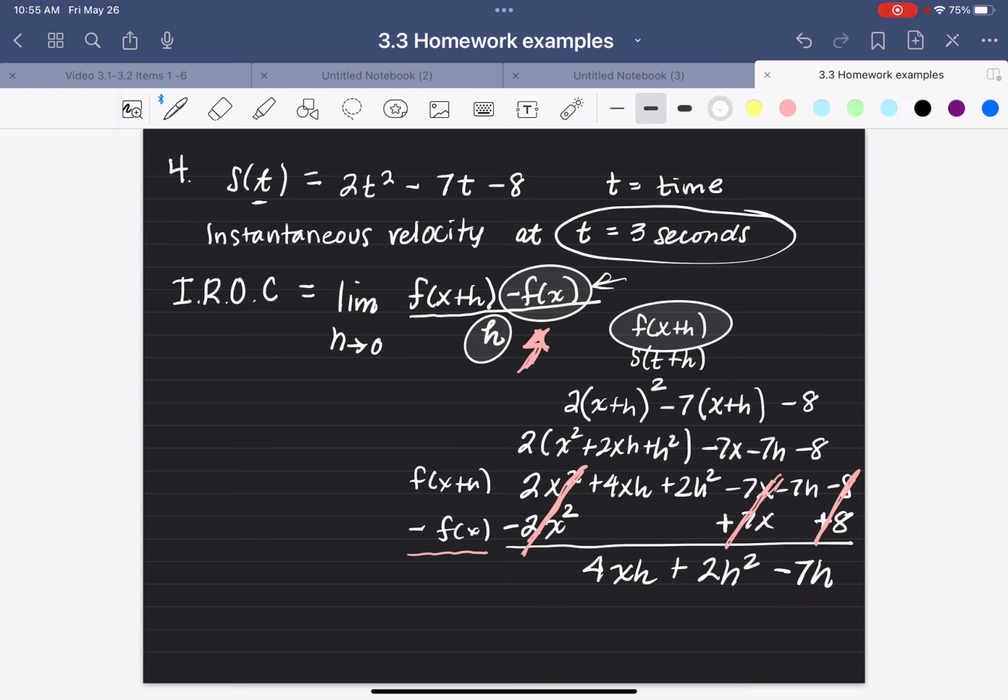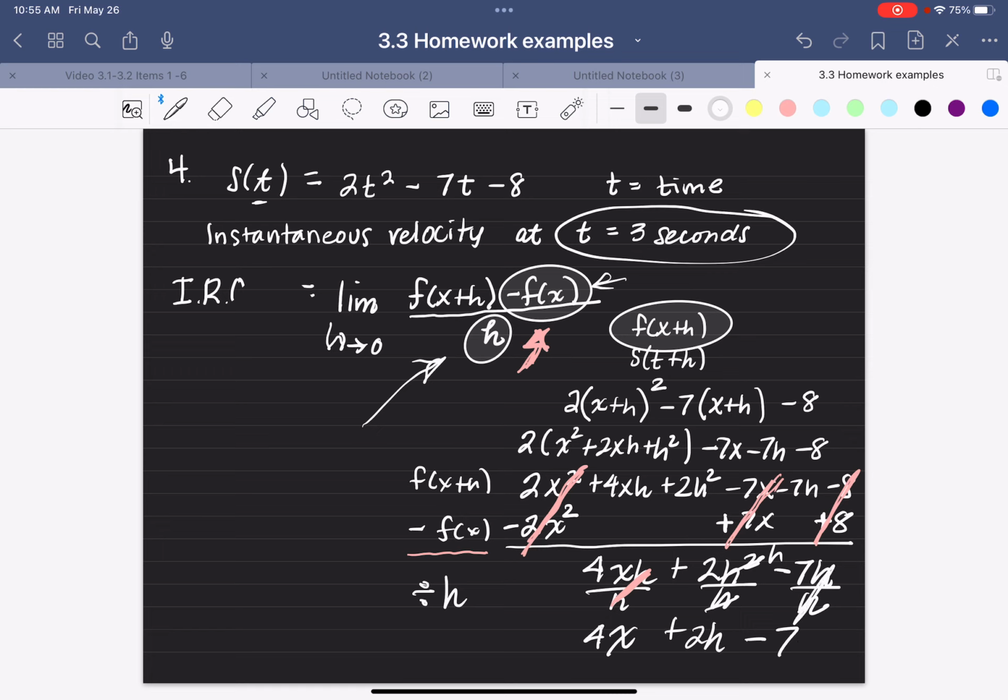And then in my last step, I'm going to divide by h, right? That's what this says. It says divide by h. Okay? So divide by h, divide by h, divide by h, and I get 4x, because these cancel out, plus 2h, because h into h squared leaves an h, and then minus 7, because these cancel out.